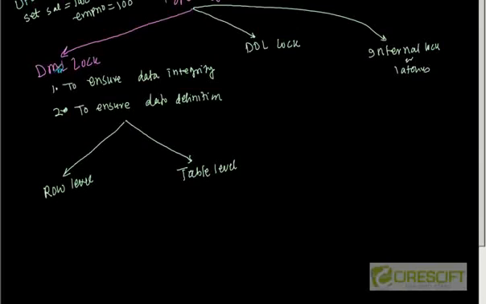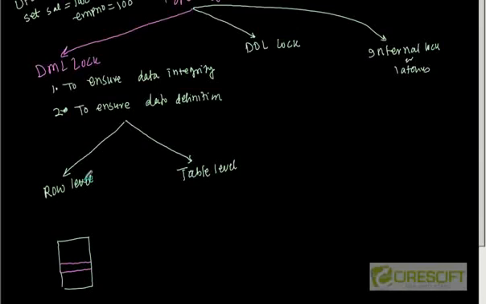Because it's a DML statement, there will be a DML lock, and the DML lock will be at two levels. One is at the row level. I'll go and find the block where the row for employee number 100 exists. Let's say employee number 100 exists somewhere here. In that case, I'm going to put a row level lock.